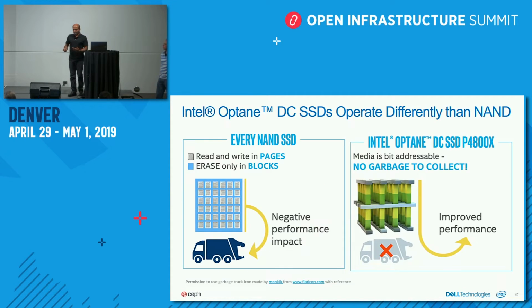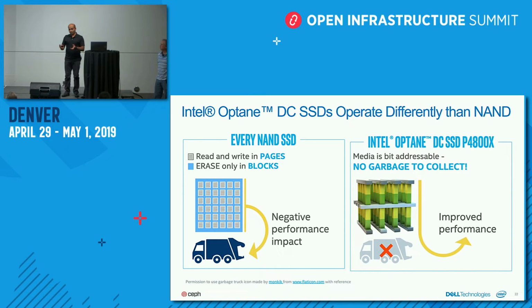Talking a little bit more in detail about the Optane technology: your standard NAND SSDs work on pages or erase blocks. So for any update, you're going to cause a read-modify-write operation. And that has a negative impact on performance and latency as time passes.